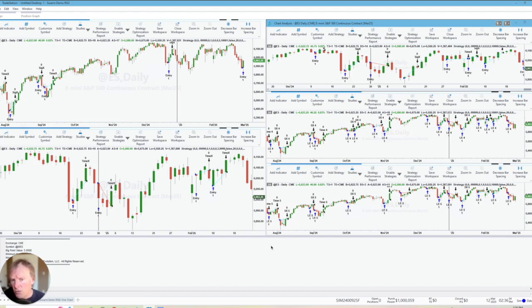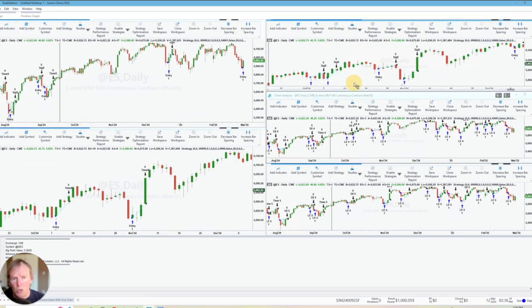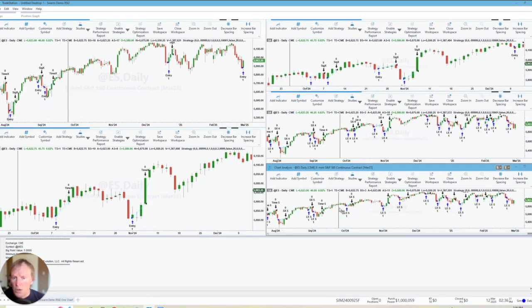If I use 5 unique strategies or subsystems, I'm going to dedicate 2 micro contracts for each of these. So this will trade 2, this will trade 2, this is 2, this is 2, and this is 2. That gives me a total of 10 micro contracts, which is going to equal 1 mini contract. So that's how I figured this out and why I picked five.